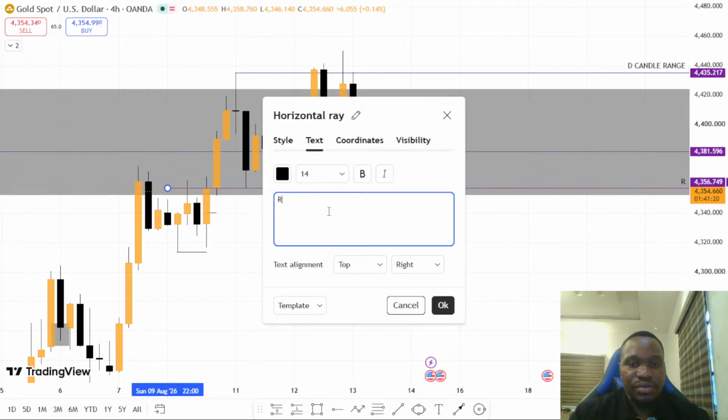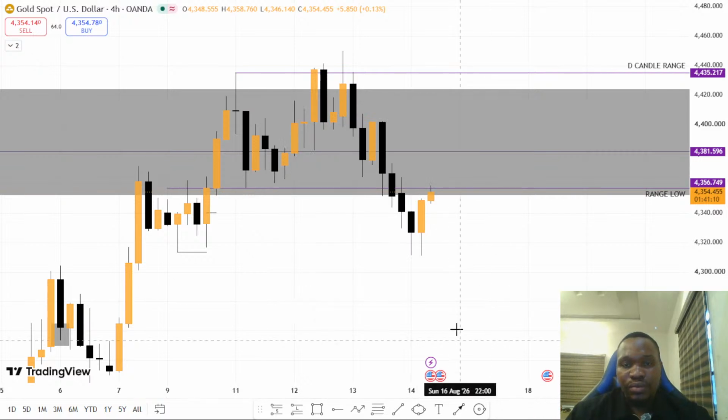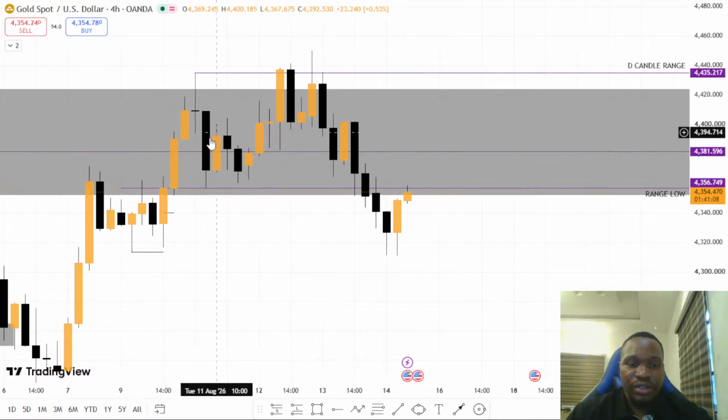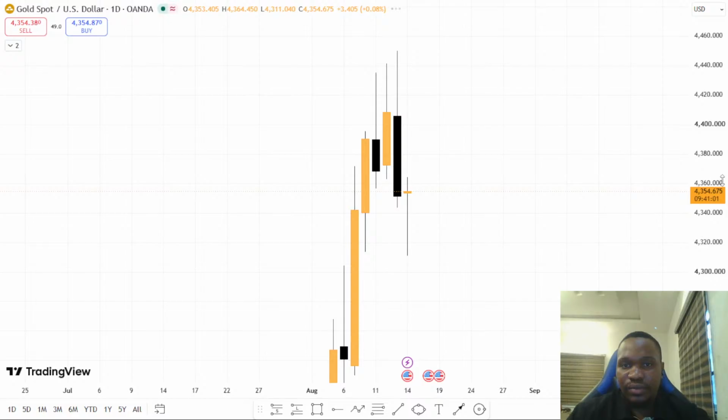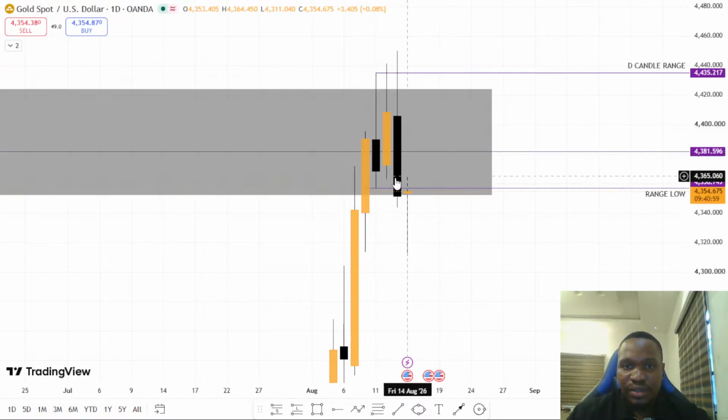This is the range low. Remember, let's go to the one daily time frame so you see the candlestick clearly. Now see, this is our candlestick. We have the range high, which is the daily candlestick range high, and we have the range low at this point. Let me take this out so it can be a little bit clearer to you.